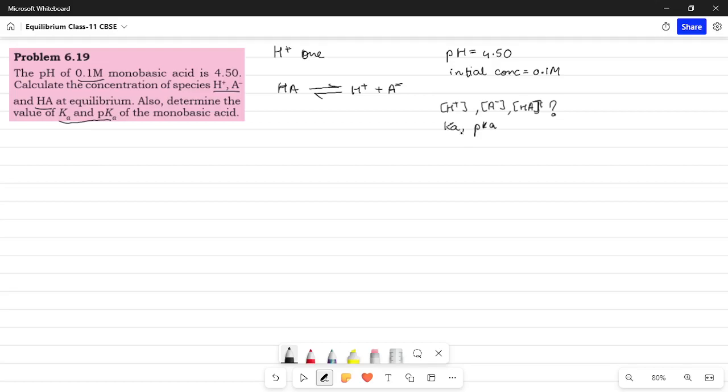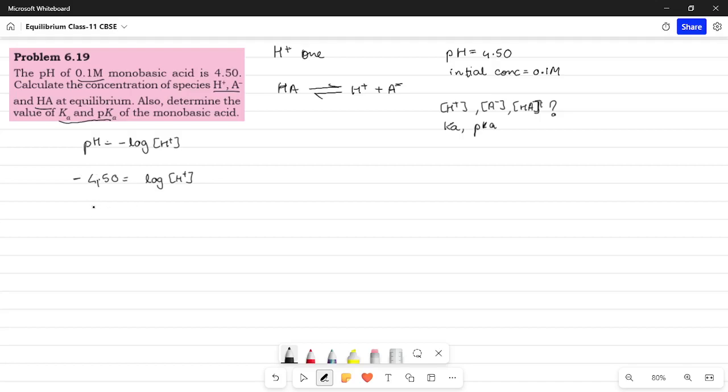The first thing that jumps out to me is that they've given us the value of pH. From pH, we know pH equals minus log concentration of H plus. So 4.50 is equal to minus log concentration of H plus. Then we can transfer this negative sign to the other side.